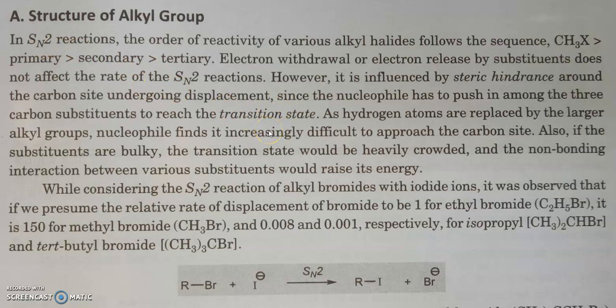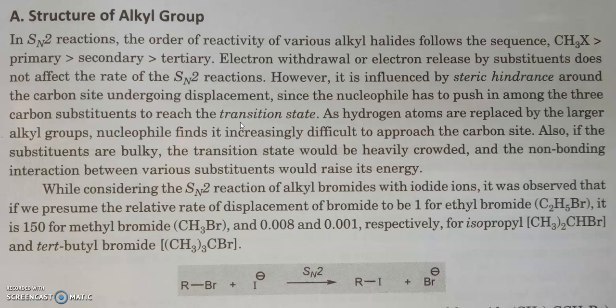You know, as hydrogen atoms are replaced by larger alkyl groups, the nucleophile finds it increasingly difficult to approach the carbon site. Also, if the substituents are bulky, the transition state would be heavily crowded, and the non-bonding interactions between various substituents would raise its energy.